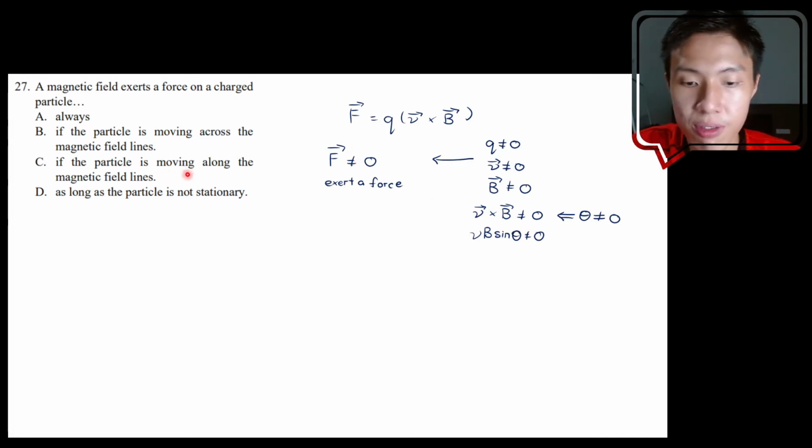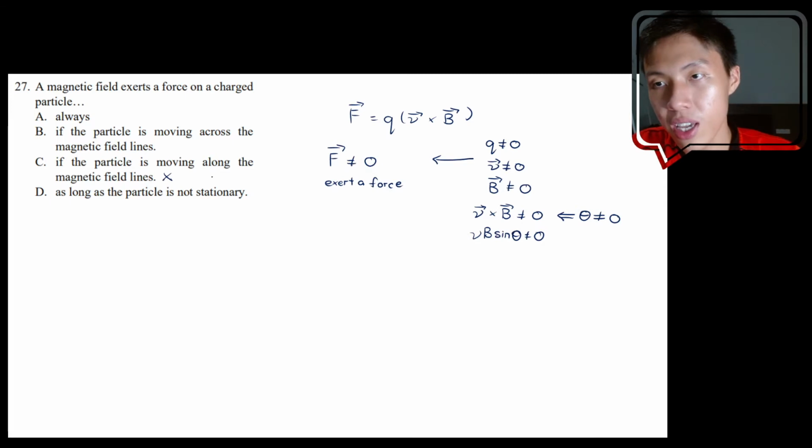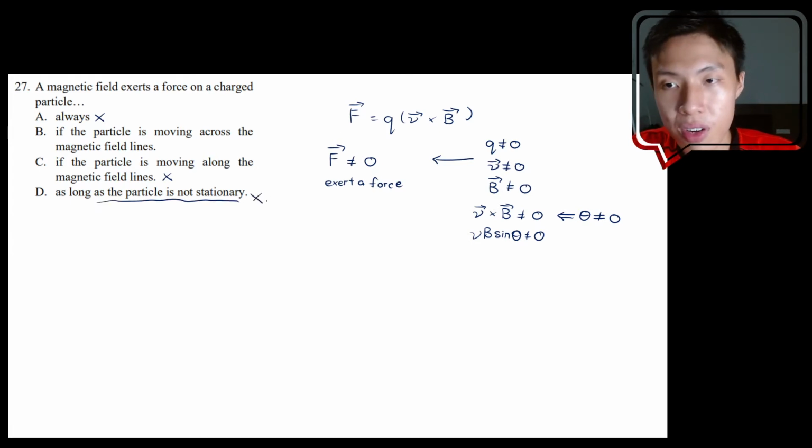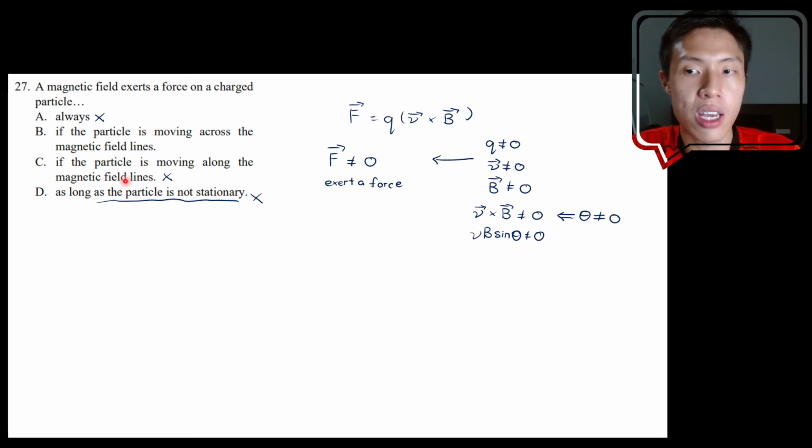So C is definitely wrong. Okay, so if we know C is wrong, then we know it's not always anymore. So A is wrong. Okay, so as long as the particle is not stationary will be wrong already. Because you know that if it moves along the magnetic field lines, it will not have a force. And you know that when it moves along the magnetic field line, it is not stationary anymore.